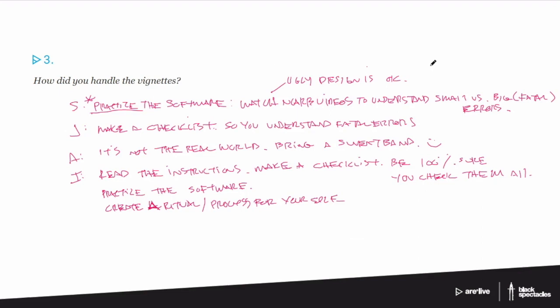For those of you who aren't aware, as we've said a couple of times now, NCARB offers practice software that you can gain access to through your NCARB account, and it offers basically one practice problem for each of the vignettes. Does that square with everything you guys know?